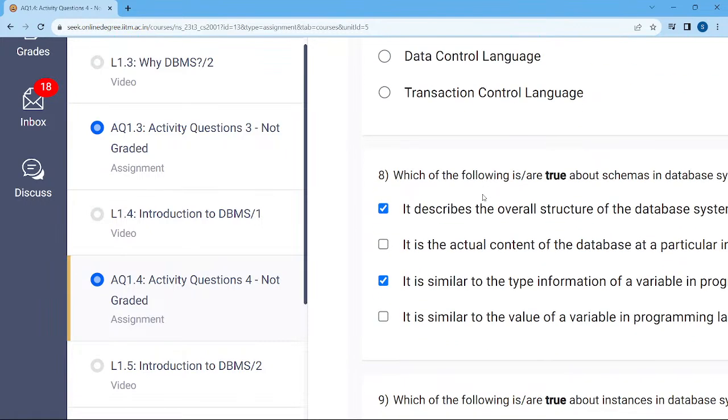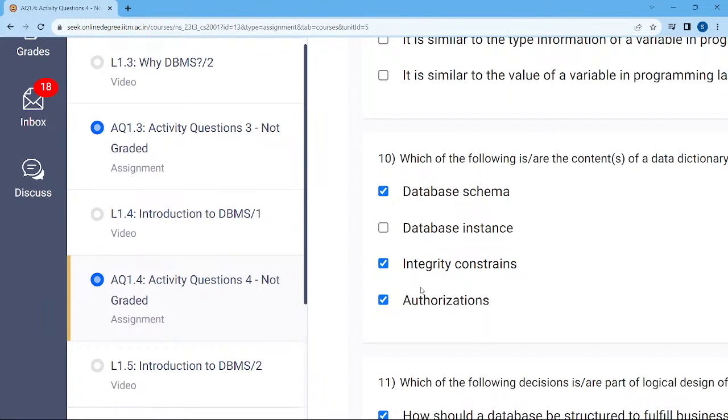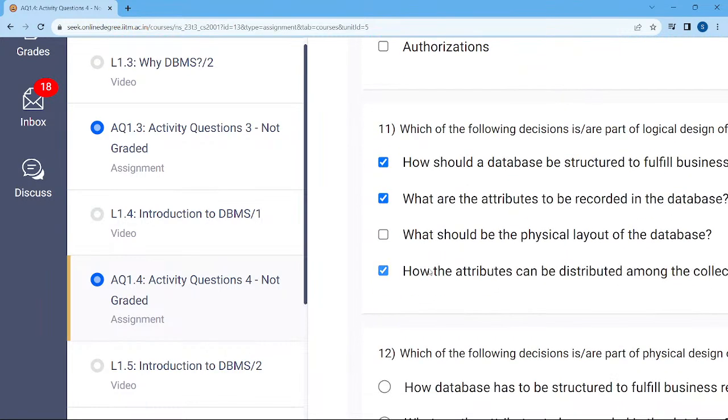Seeing the type of question, I can easily tell you this slide is an important slide, because this is the introduction to DBMS, and they cover too much content in these lectures.